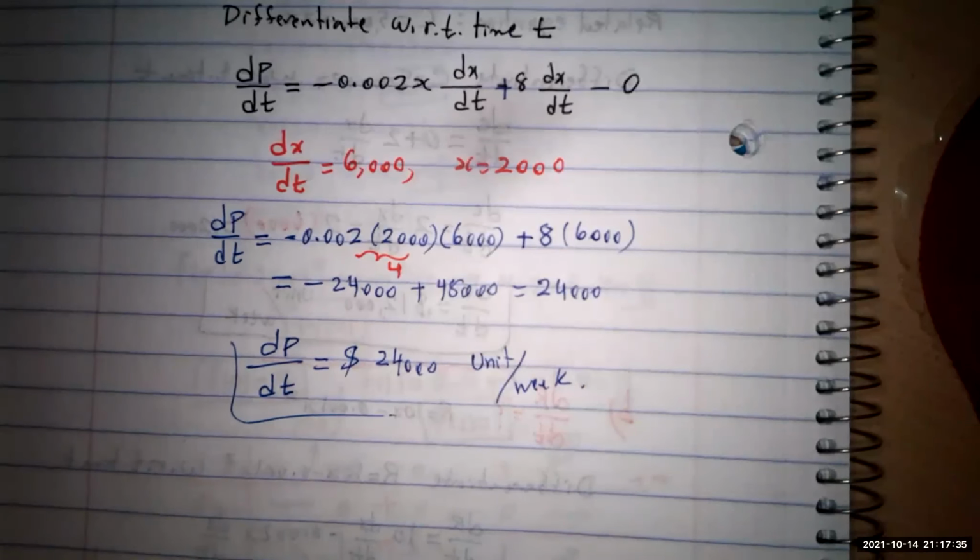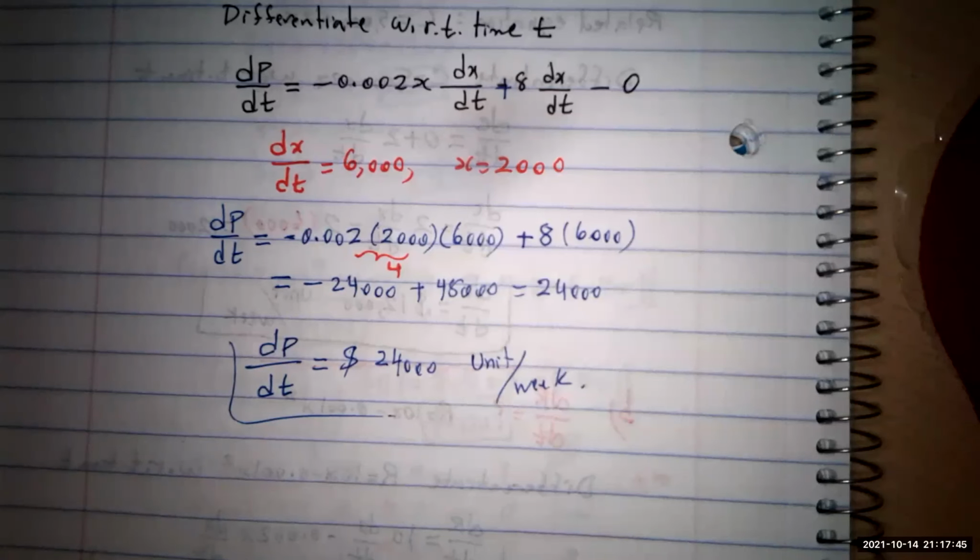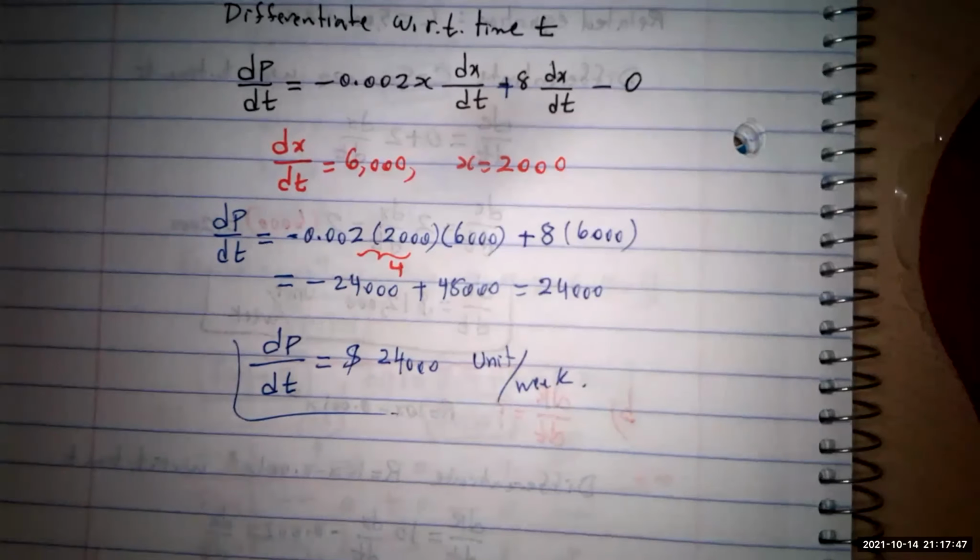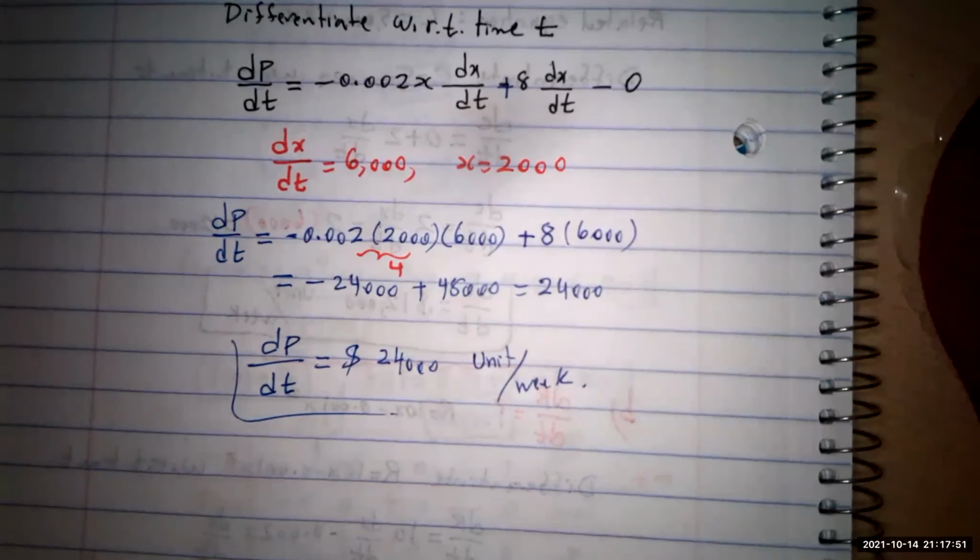This means at that rate of production, if you increase the production by 6,000 flash drives a week, this is more money that you're going to make. You are going to make $24,000 per week. It's positive, so you're getting money, which is a good deal.